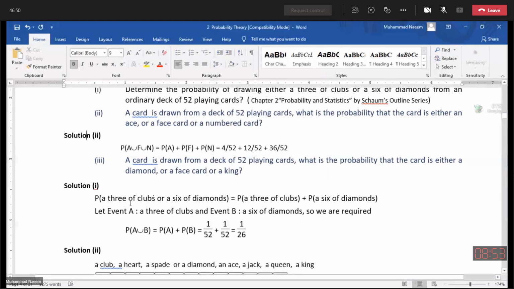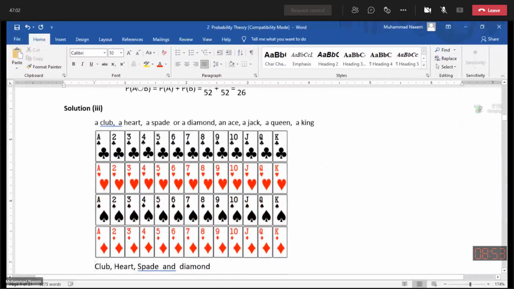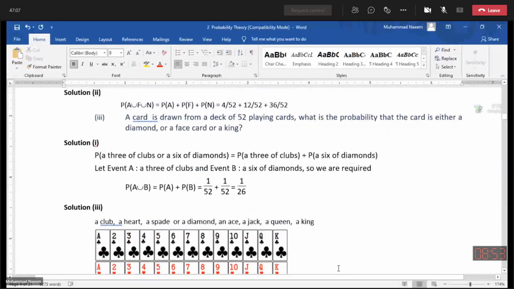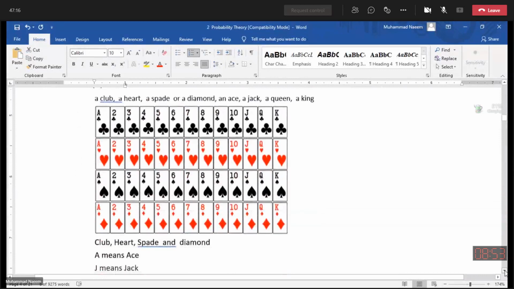Okay, the situation is different in case of third, when the card is either a diamond or a face card or a king. Okay, look at this figure. Let me consider this figure on a separate page.